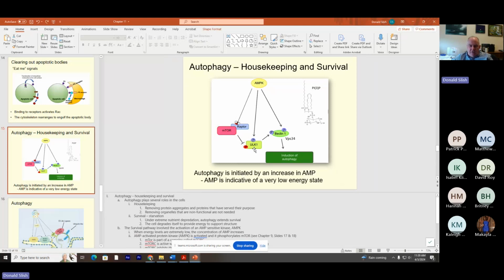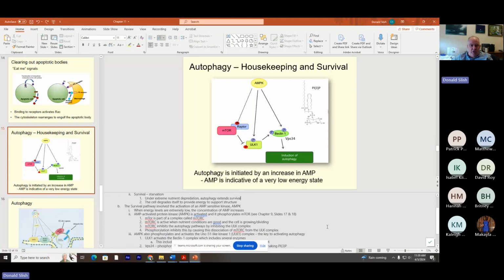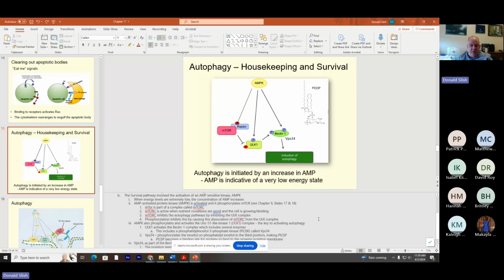Now with ULK1, the interesting thing is just how you've got every different kind of signal transduction going on in this one pathway, which is kind of weird. This is a kinase, and this kinase is going to activate the Beclin-1 complex. There are a lot of proteins in this Beclin-1 complex which are being activated by phosphorylation. One of them is VPS34.